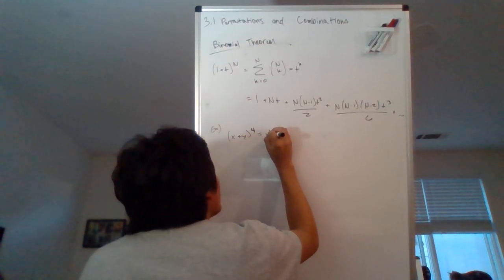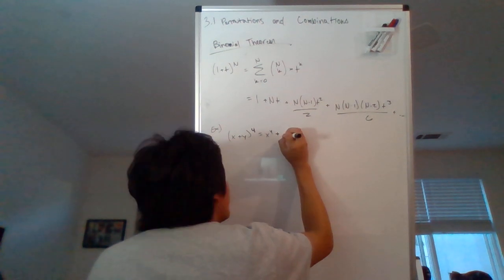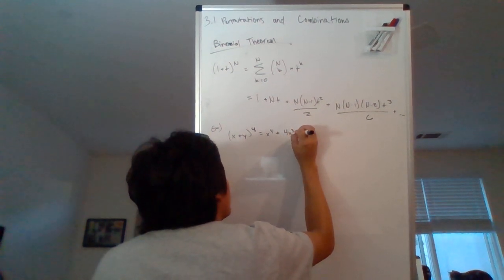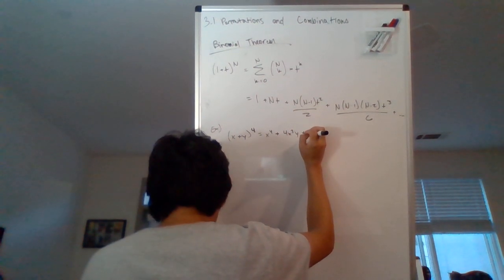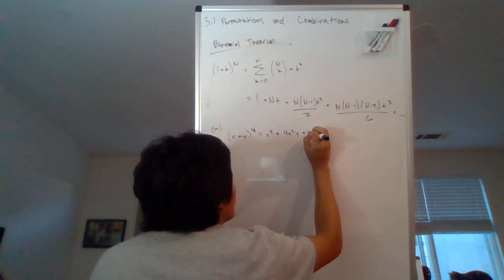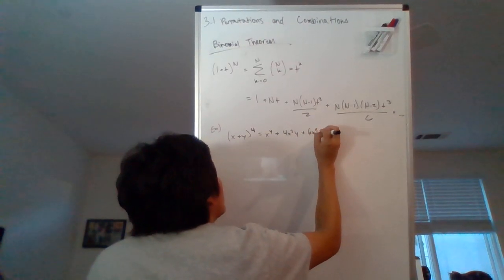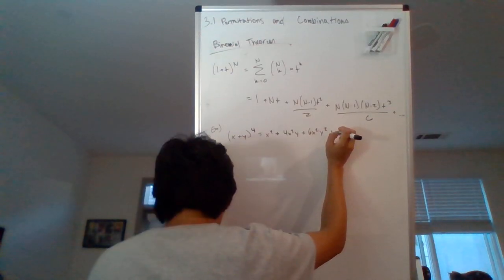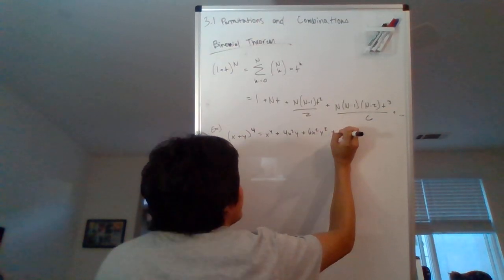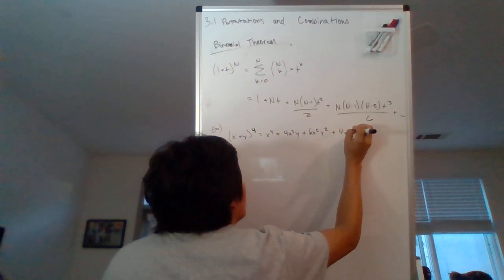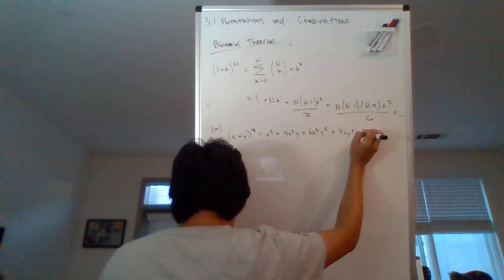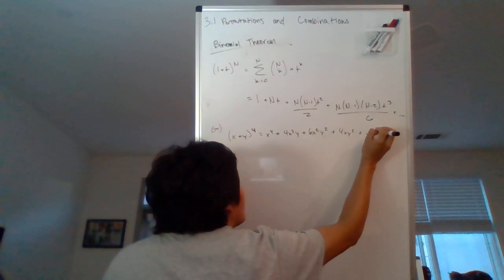It's going to be x to the fourth plus 4x cubed times y plus 6x squared y squared plus 4xy cubed plus y to the fourth. Okay.